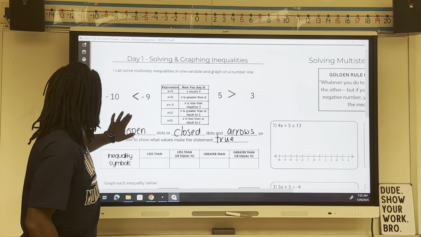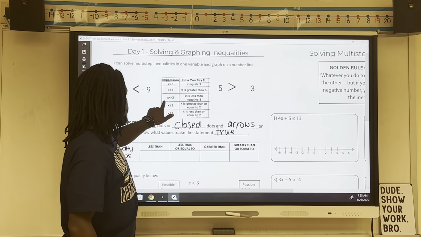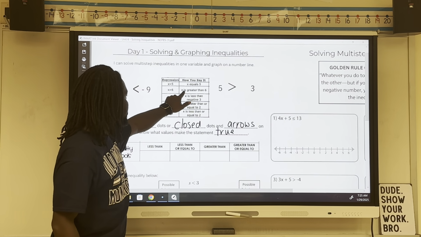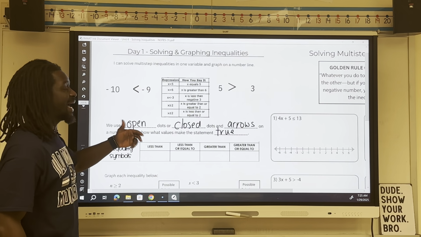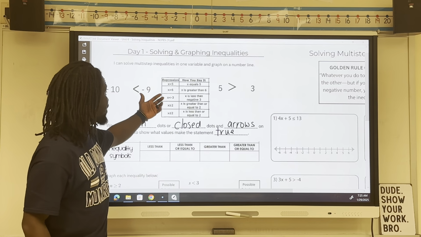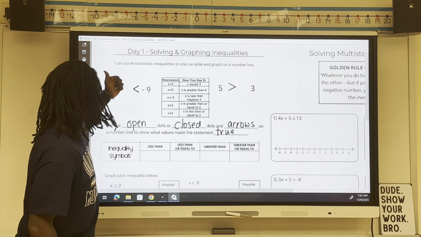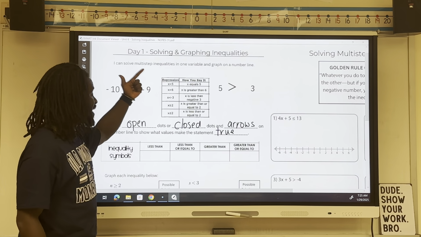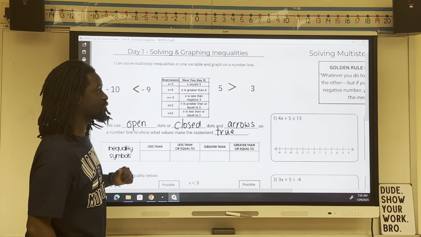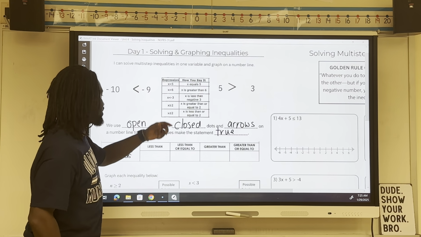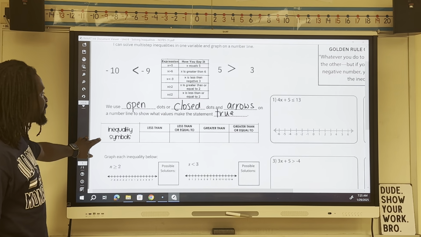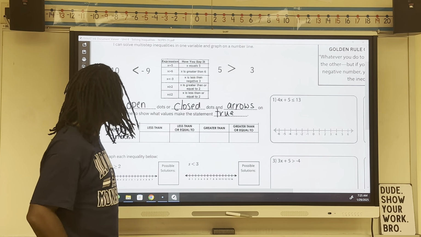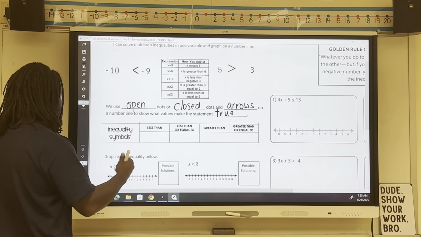If I wanted to know what numbers would make this statement true, where x is greater than 6, I can show that on a number line. I know 7 is greater than 6, and 8 is greater than 6, and 10 is greater than 6, and 200 is greater than 6. So graphing it on a number line shows what the answers are, okay?